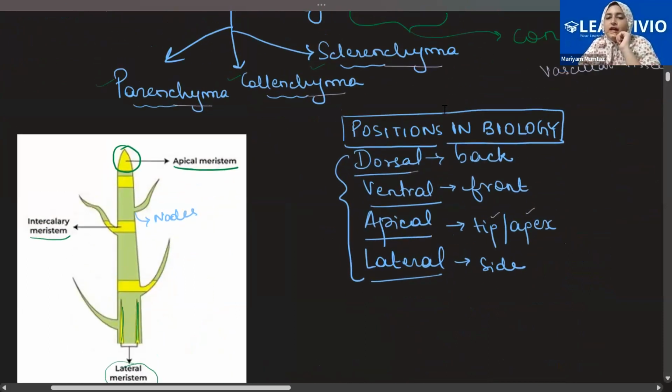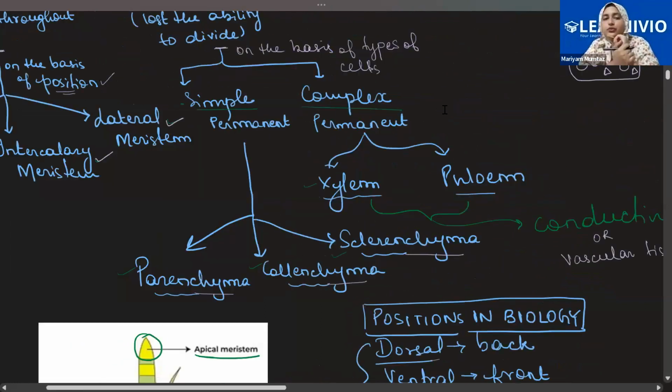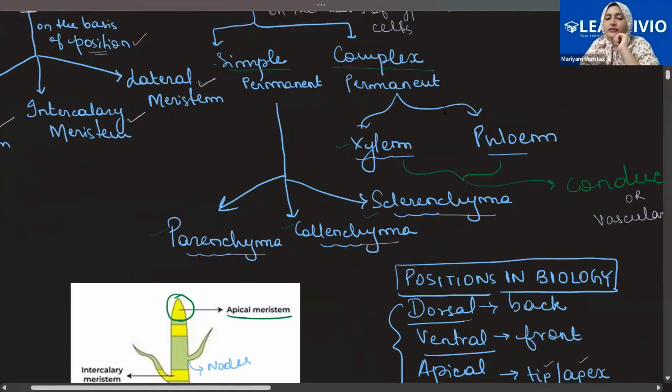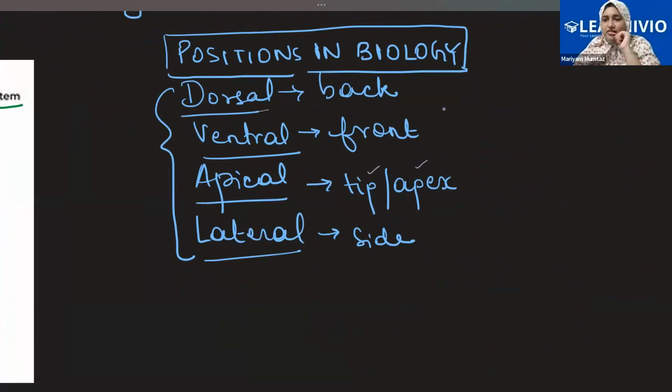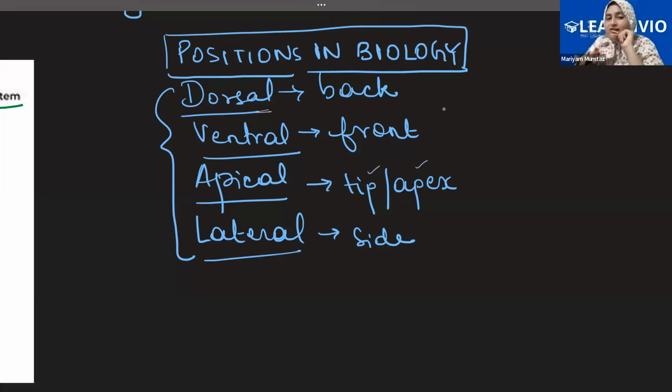So now, before we start the meristematic tissue, which we are going to discuss today, you should know what we call position in biology. In normal English we say front, back, top, bottom, left, right. But in biology, we say dorsal. Dorsal means backside. Ventral means front side.